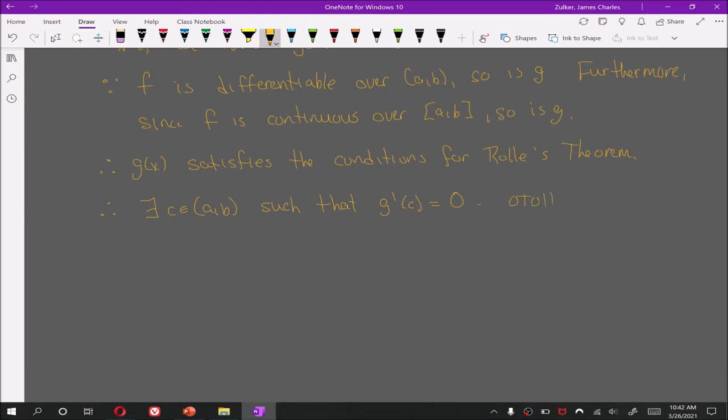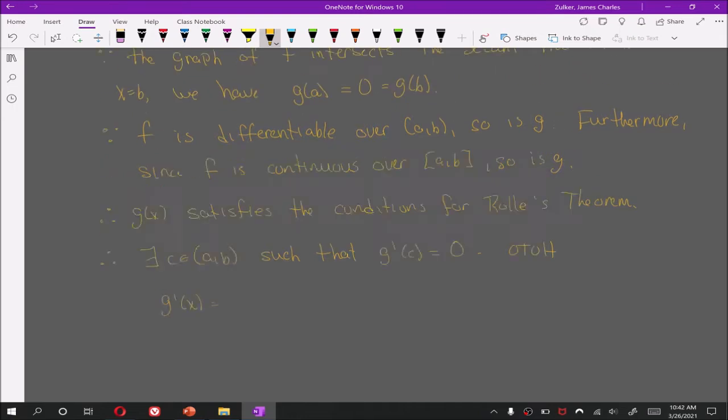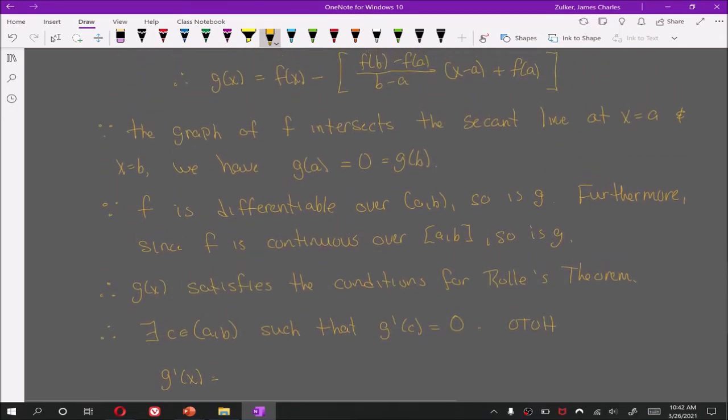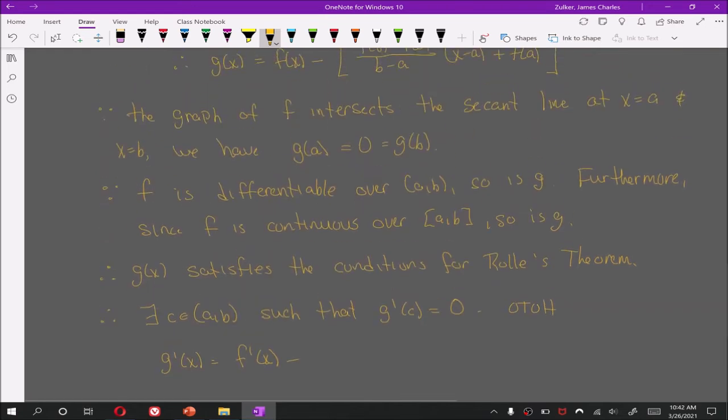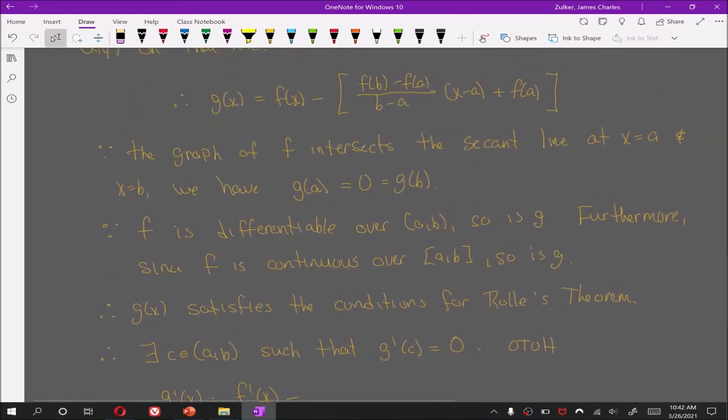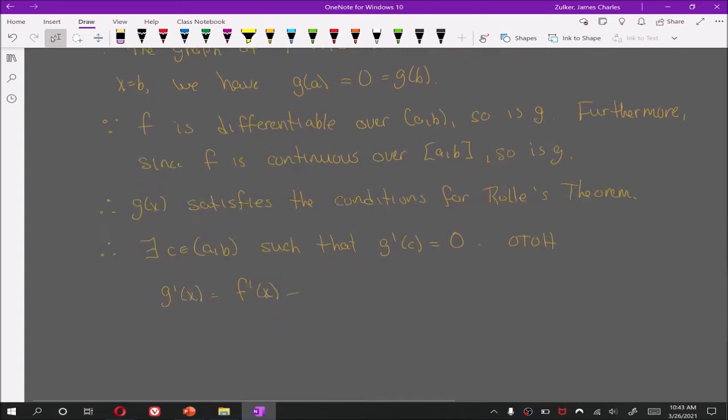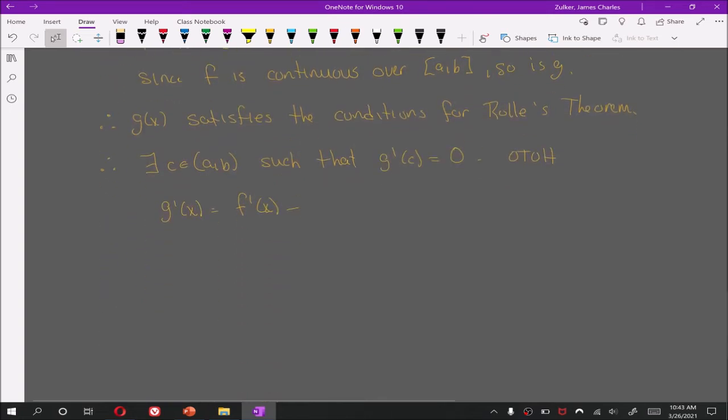On the other hand, if we actually take the derivative of g, we're going to be left with f prime of x minus, now the derivative of this, well, this is a constant, so the derivative of x minus a is just 1. And f of a is also constant, so that derivative is 0. So this just becomes minus f of b minus f of a all over b minus a.